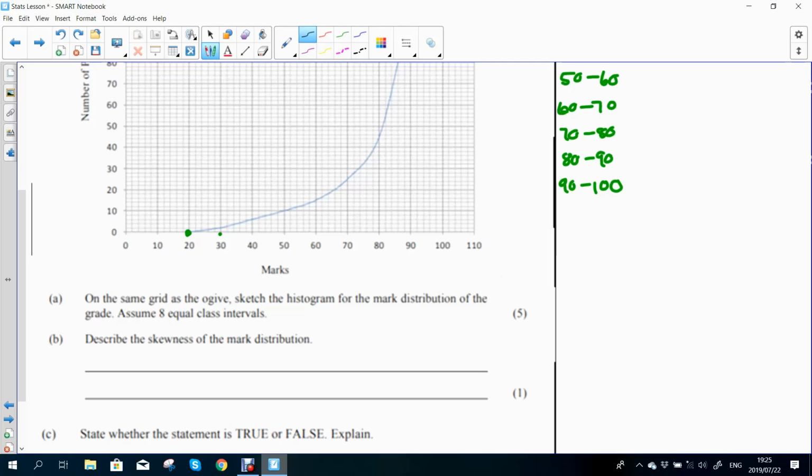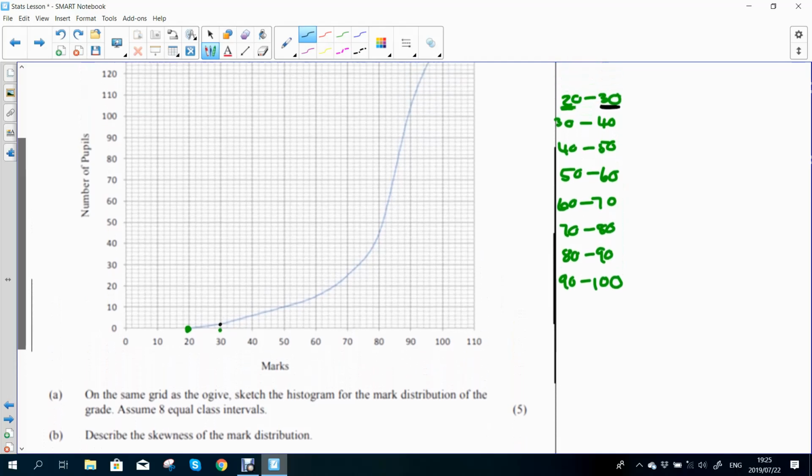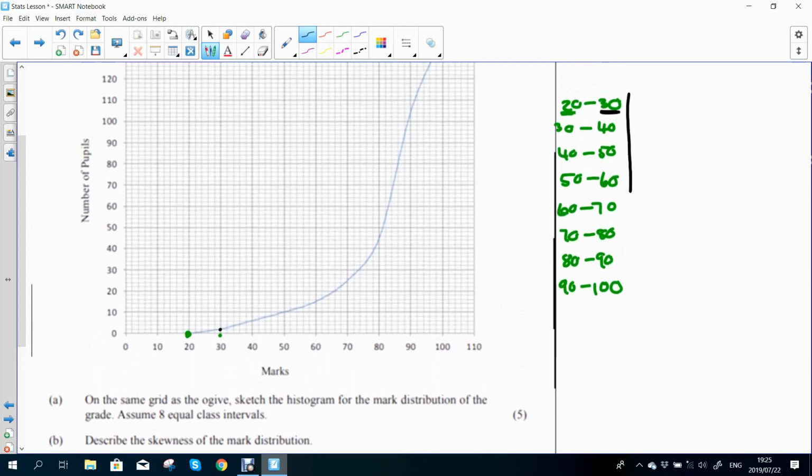So that point there is at 30 and 2. I'm going to put in a cumulative frequency here at the top, and that will be 2. That was my first plot.